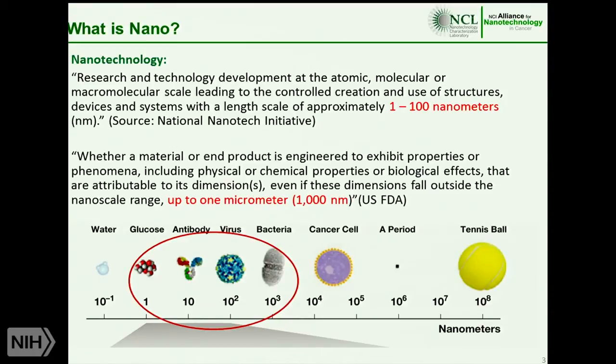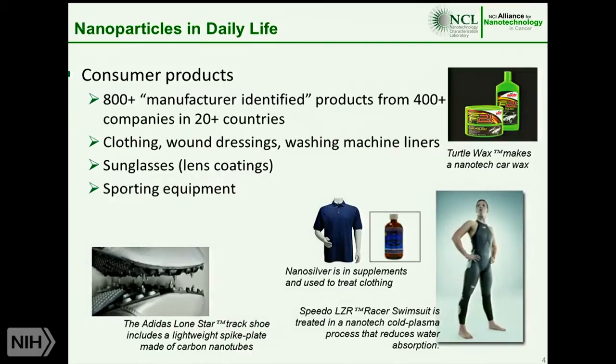The United States Food and Drug Administration, because of these purposes, specifically defines that if material properties are determined by the size of these materials, and the size extends beyond 100 nanometers, it will still be considered as nanotechnology, and the size range extends to 1,000 nanometers. So we are talking about objects in this size range, between the size of a molecule of glucose to approximately the size of bacterial cells.